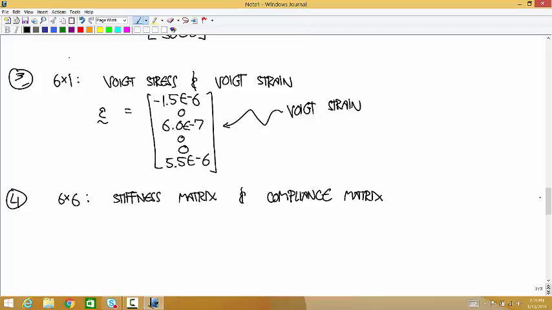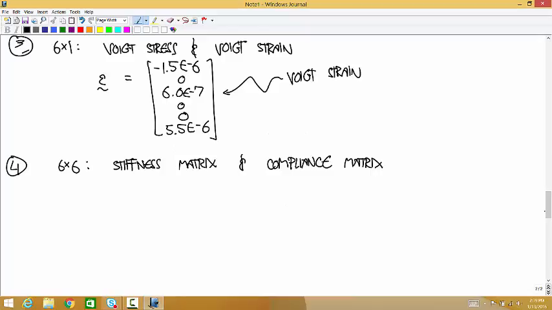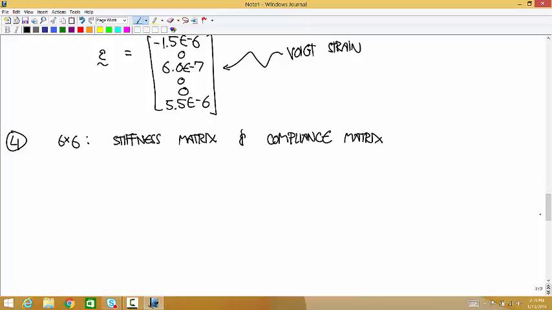I'm not going to write that out because you can imagine a picture with 36 numbers in it. But the definition of this stiffness matrix is a matrix that relates the stress to the strain, and vice versa for the compliance matrix.